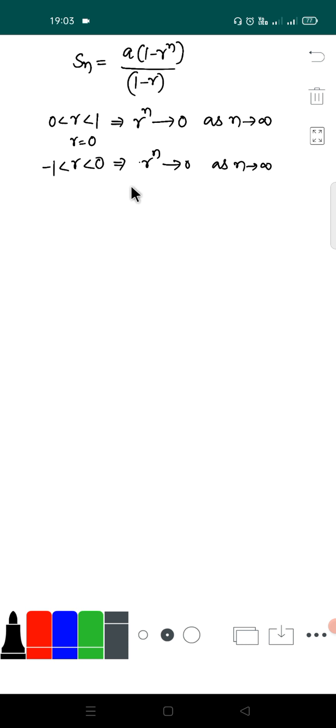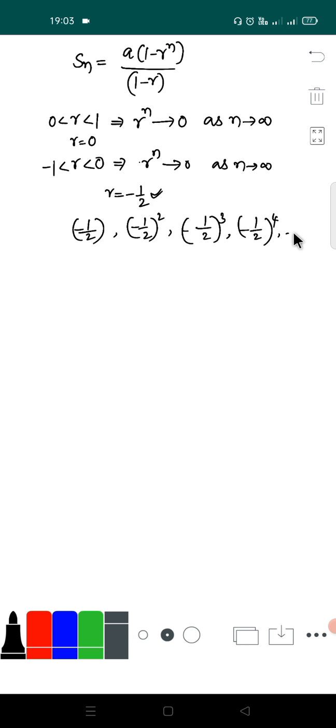I will explain this statement using an example. Suppose our r is -1/2, which is between -1 and 0. If we raise its power, we get -1/2, then (-1/2) squared, (-1/2) cubed, (-1/2) to the power of 4 and so on.